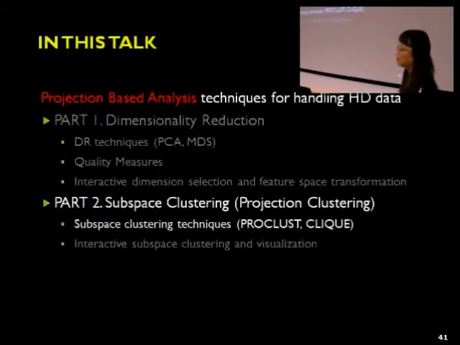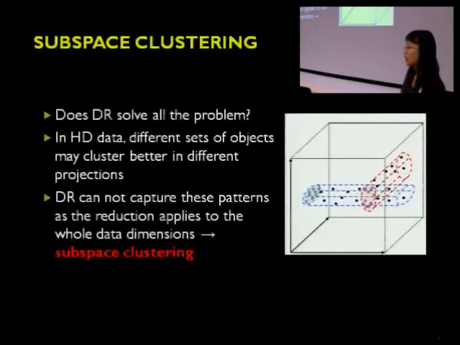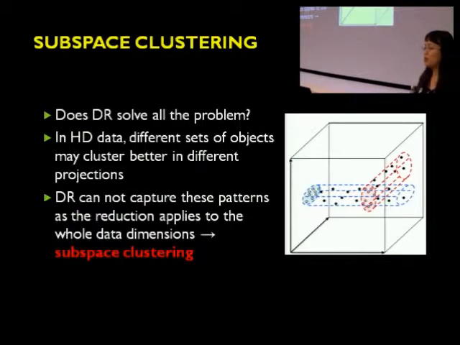So quickly, I want to move to the second part, which is subspace clustering. Subspace clustering is also called projection clustering. It's relatively new. So most of the algorithms are based on standard clustering algorithms, but they are extended to suit the application of subspace searching.